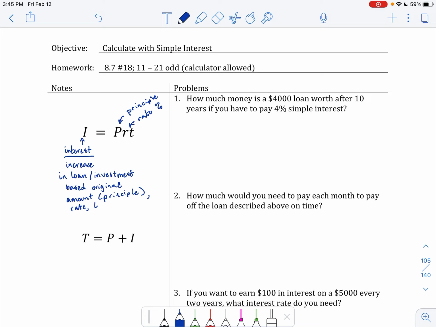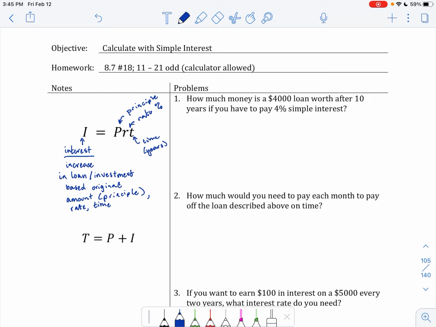And then T here, which stands for time, and this is always measured in years when we talk about interest. So if you think about like a commercial where they say APR, that is annual, is what the A stands for, so once a year percent rate. So you're always going to measure in terms of years here.